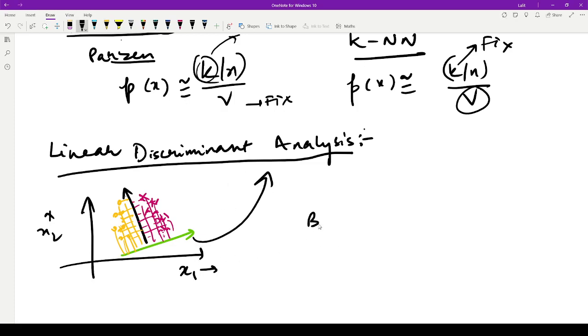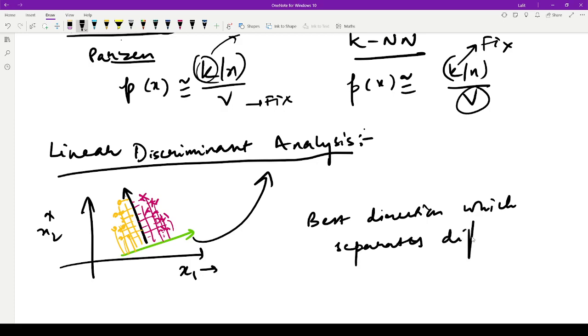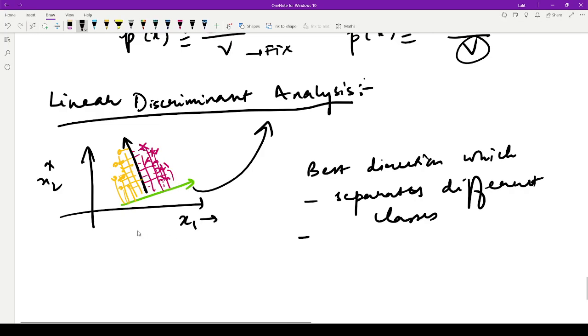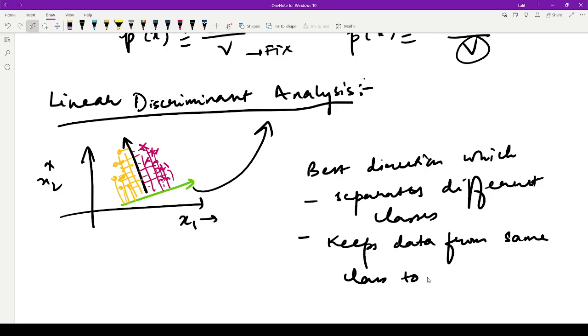You need to find the best direction which separates different classes and keeps data from the same class together.